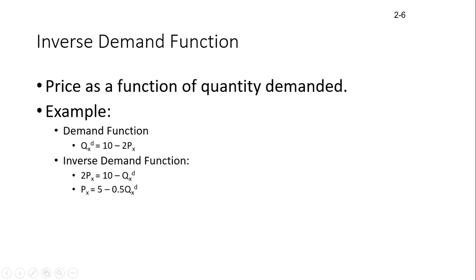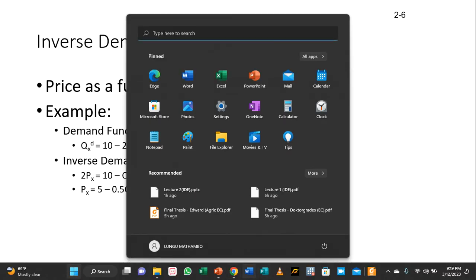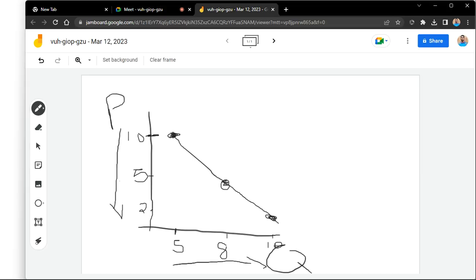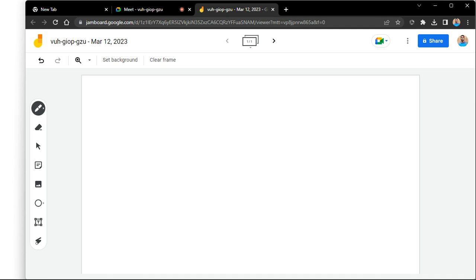Our demand function is this one: quantity demanded of good X is equal to 10 less 2px. I'll use the same board we used last time and jot something. I'll be slow, of course, because I'm not using a touch screen.